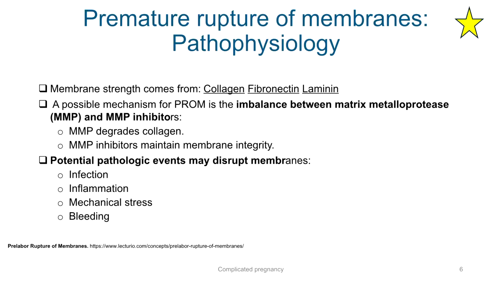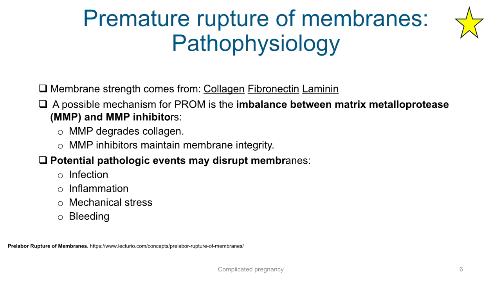So what's the pathophysiology? We talked about this. To understand the pathophysiology, we look at what the components of the membranes are. We have collagen, we have laminin, we have fibronectin. So any imbalance between the matrix metalloproteases and the matrix metalloprotease inhibitors is going to degrade the collagen. Also, the inhibitors of the protease are maintaining the integrity of those membranes.